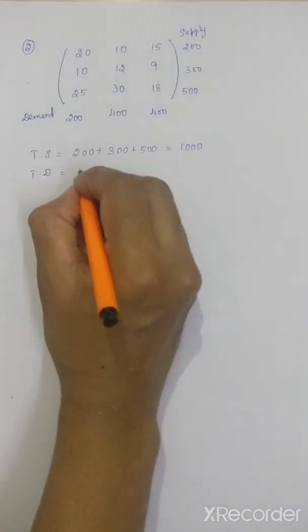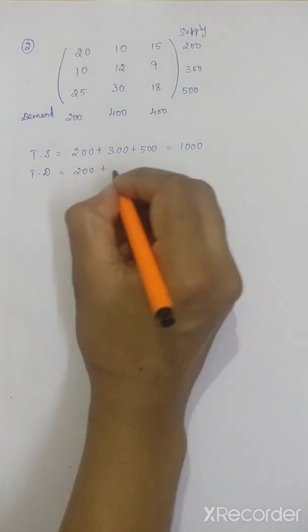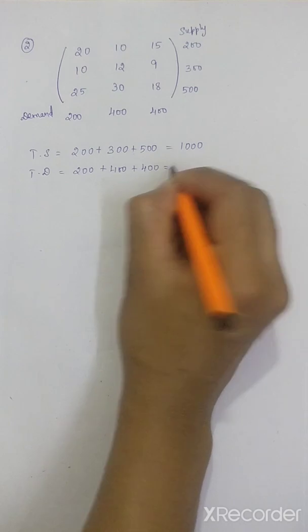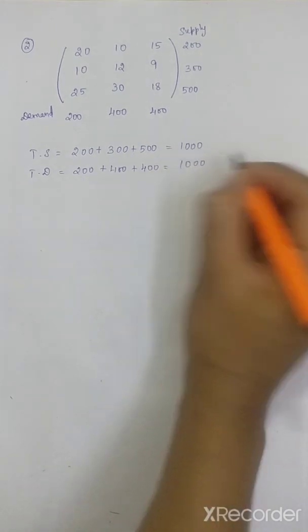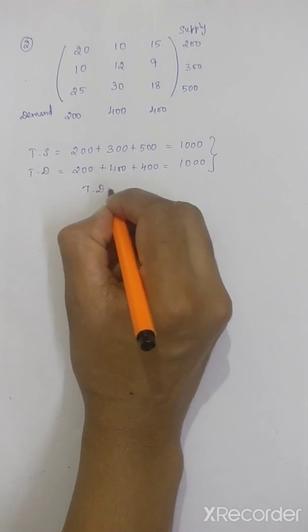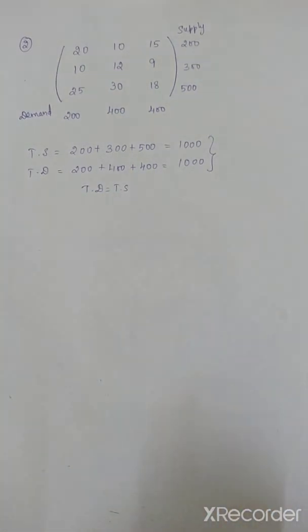Similarly, total demand is equal to 200 plus 400 plus 400. So this is also 1000. So total demand is equal to total supply. So this is a balanced transportation problem. Now we have to move on with the solution.